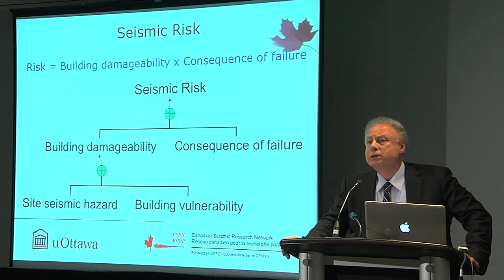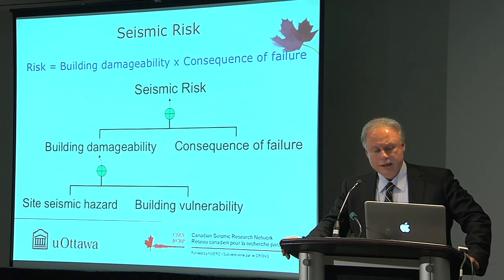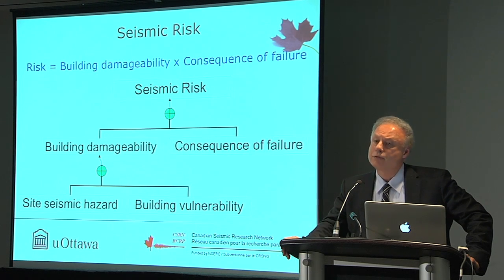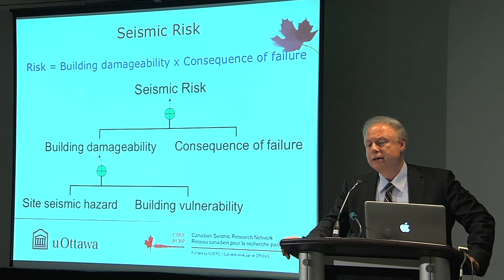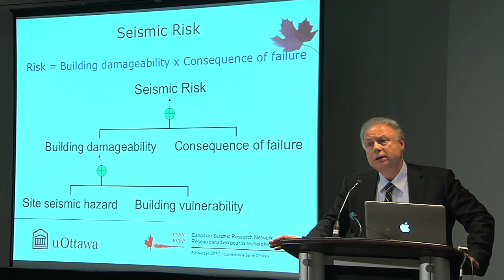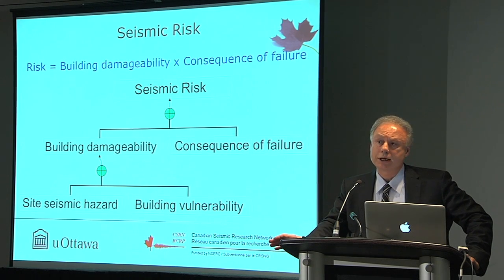Now, why would building be damaged? If it's subjected to higher hazard, or if it's not well designed. So hazard and vulnerability would lead to building damageability. And then you have to look at consequence of failure, which is really the exposure factor. All of this would lead to risk. So if you have high hazard, very good designed building, your damageability may not be high.